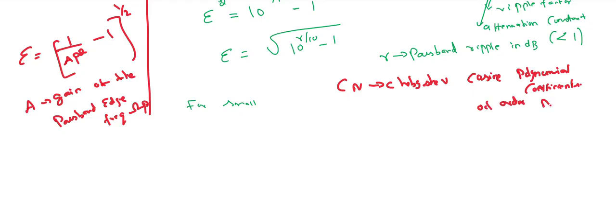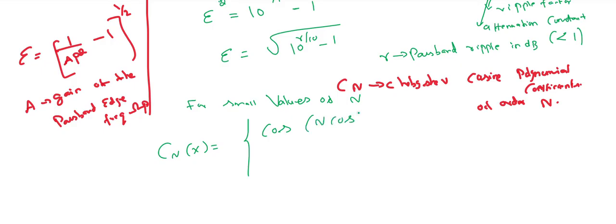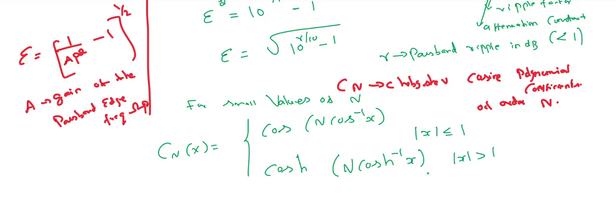For small values of n, Cn of x is equal to cosine of n cos inverse x, where x is less than or equal to 1, and the hyperbolic function cosh of n cosh inverse of x, where x is greater than 1.